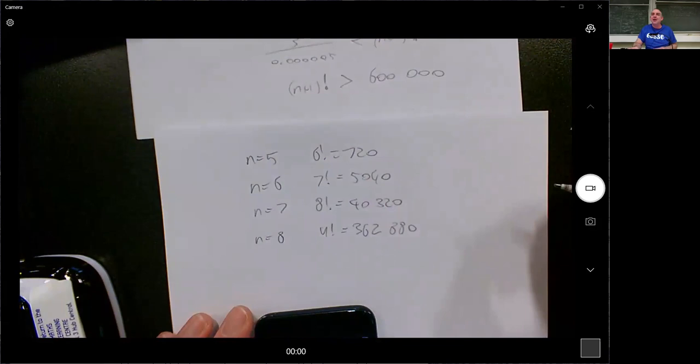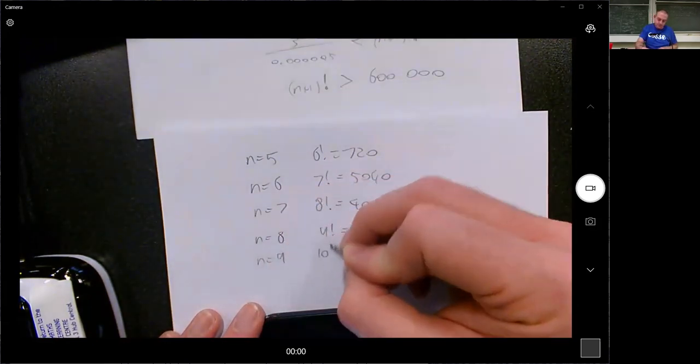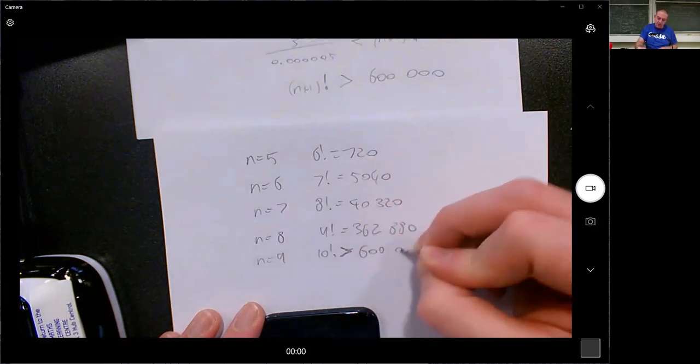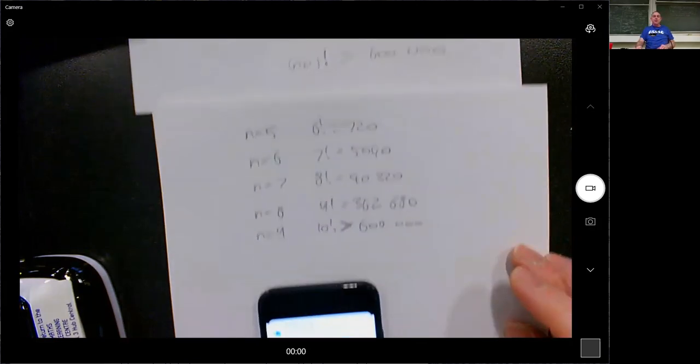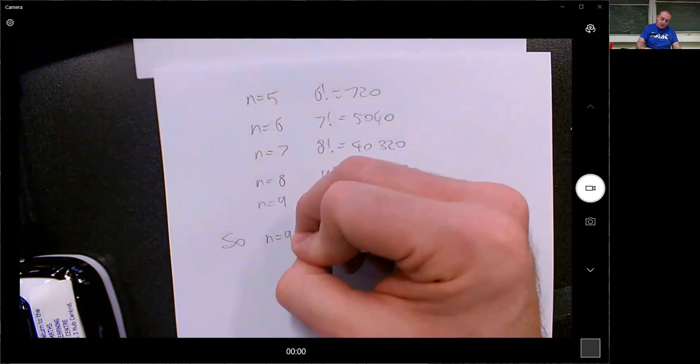The next one will be big enough. So that's going to be greater than 600,000. And so therefore I'm going to choose n equals 9. So n equals 9.